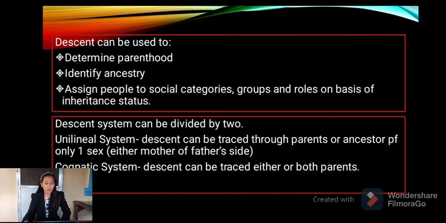Unilineal system, where descent can be traced through parents or ancestors of one sex, either the mother's or the father's side. And cognatic system, where descent can be traced through either or both parents.